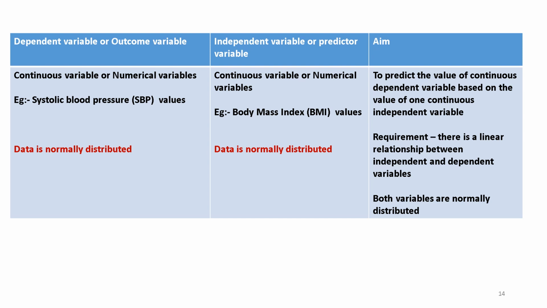Dependent variable or outcome variable is a continuous variable or numerical variable, like systolic blood pressure value is the dependent variable. Independent variable is also a continuous variable or numerical variable like body mass index. Both are normally distributed. What is our aim?